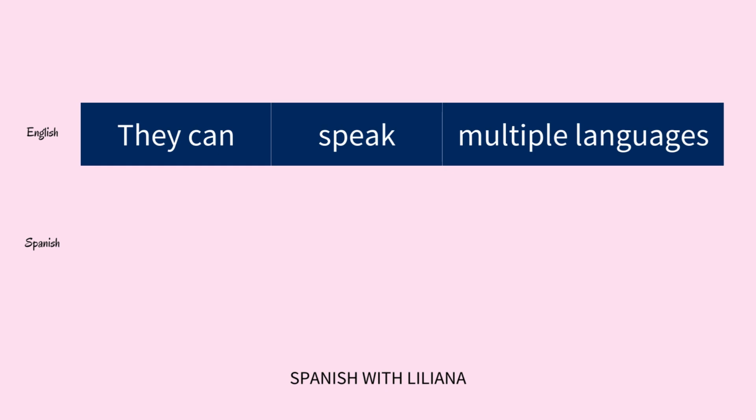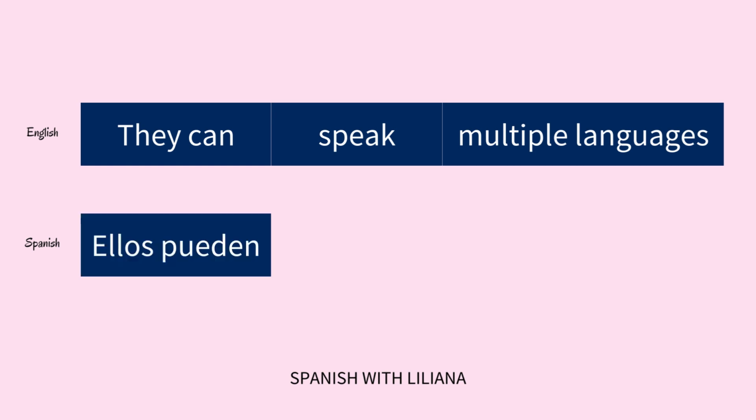Let's look at another example. They can speak multiple languages. How do you say they in Spanish? It could be ellos or ellas, either one. In this case, we're going to go with ellos. Can is pueden. Ellos pueden. Speak is hablar.